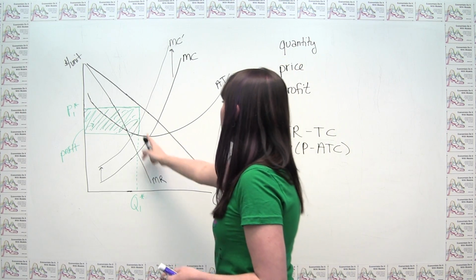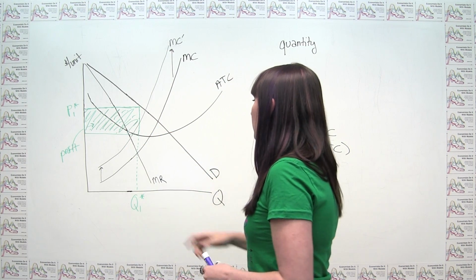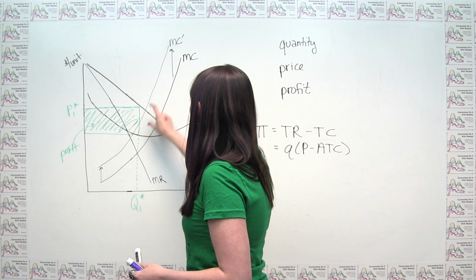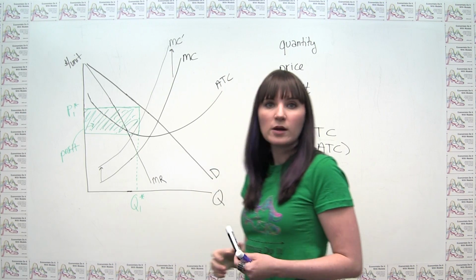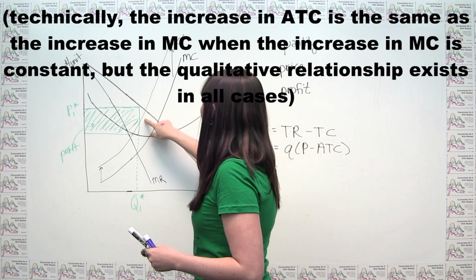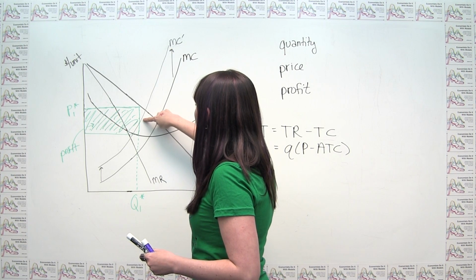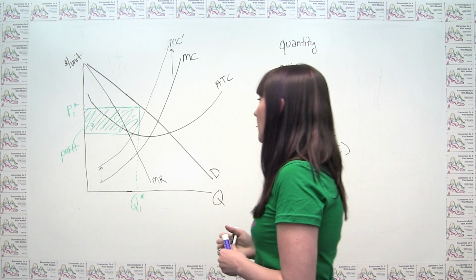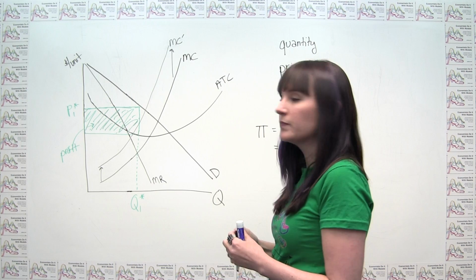Well, we're going to see an average total cost that's higher by this vertical amount as well, right? And we want to draw this so that the bottom of the average total cost U still intersects with marginal cost.